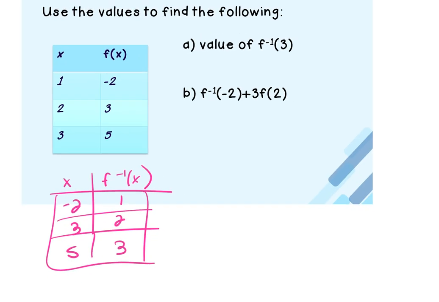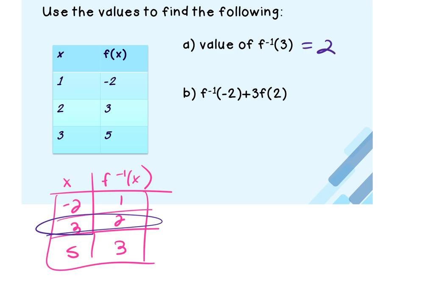And anytime I want to use my f of x, I'm going to use the initial chart. So if A says find the value of f^-1 of 3, what's f^-1 of 3? 2. I go to where, on my pink chart, the x is 3, and I find the f^-1, which would be 2.